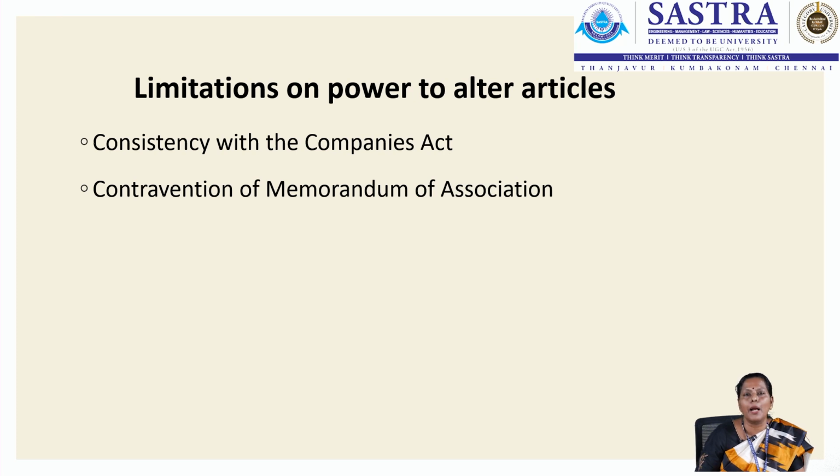For example, if a company in the object clause of its Memorandum of Association has mentioned that the company cannot enter into the hardware business, and in the Article of Association they come with an alteration stating that the company is allowed to enter into the computer hardware business, this is totally against the object clause of the Memorandum of Association. So this kind of inconsistency is definitely not allowed.